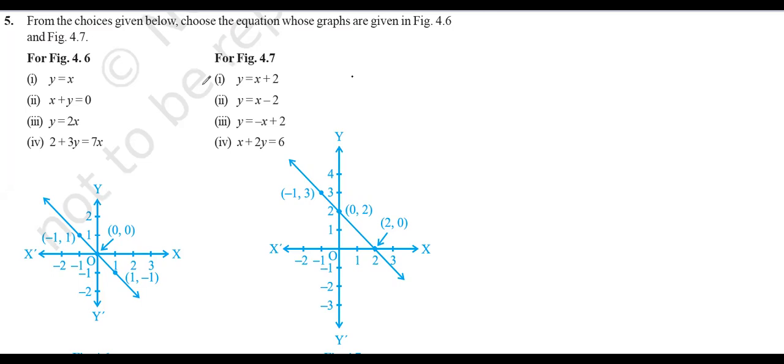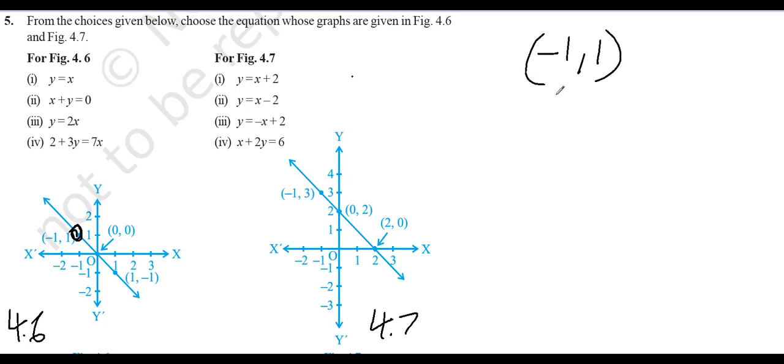So this is my figure 4.6, the first one, and this figure is 4.7. Now I can see the points -1 and 1 over here, in this particular figure 4.6.